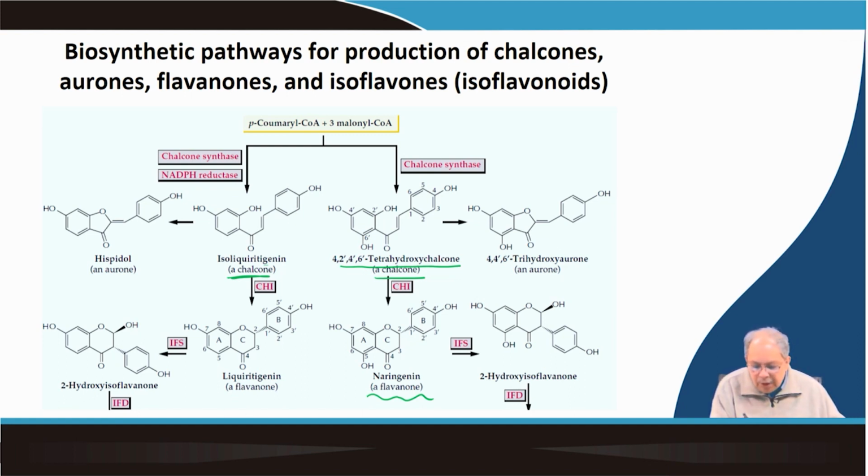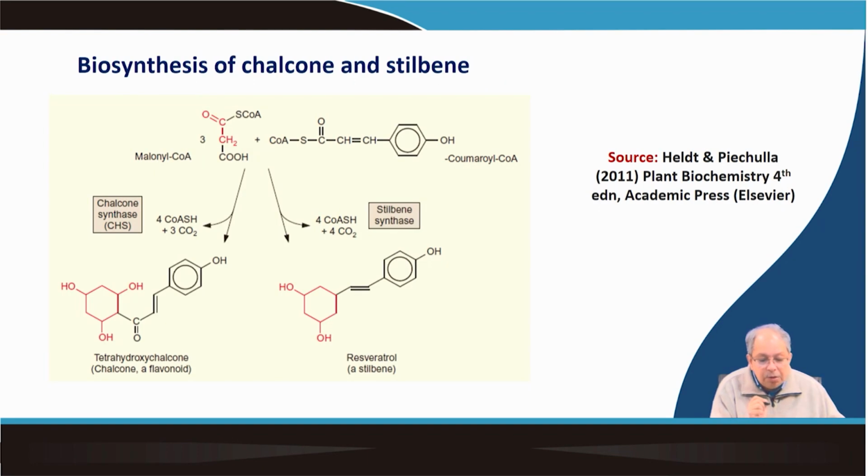So, here naringenin is a flavanone, whereas the other chalcone, by isomerase, makes liquiritigenin, which is basically a flavanone. Okay. So, chalcone then flavanone, correct, and then let us go to the next one.